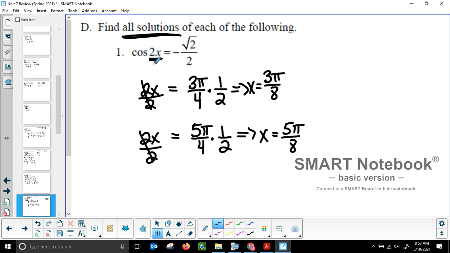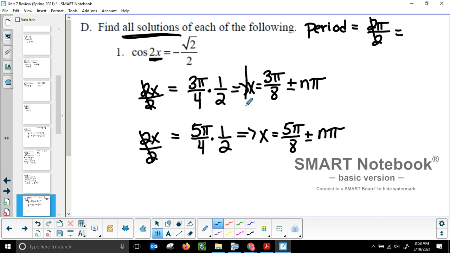Now because we did have some number in front of our variable here in the argument, we have to do that period again. For cosine, period is equal to 2 pi over b. My b in this case is 2, so my period is just pi. So all we have to do is say, okay, well, 3 pi over 8 plus or minus n times my period of pi, and 5 pi over 8 plus or minus n times my period of pi.